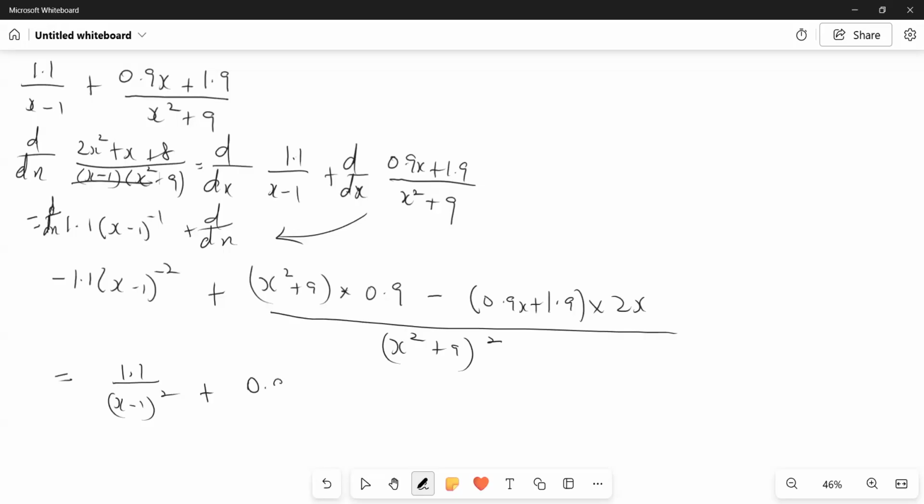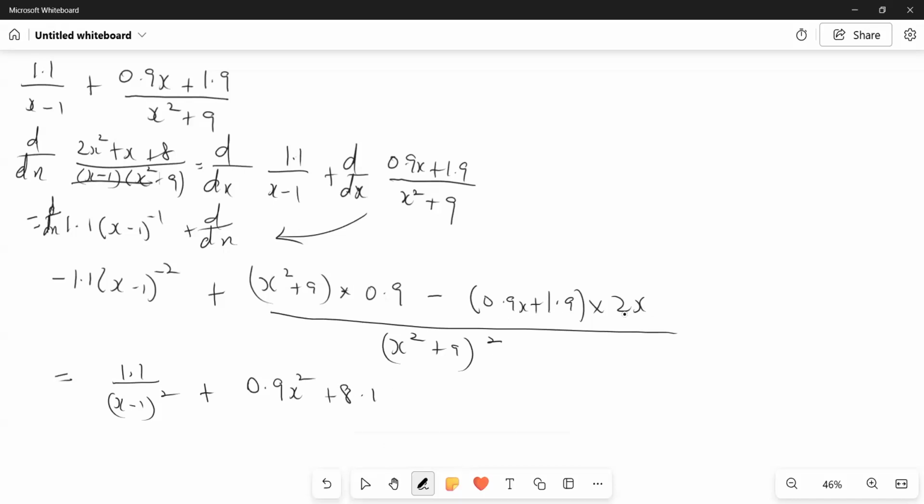You'll get 0.9 x squared plus 0.9 by 9 is what, right? 0.81, will that be right? Or 8.1? No, 8.1. What am I doing? You get 8.1. All right.